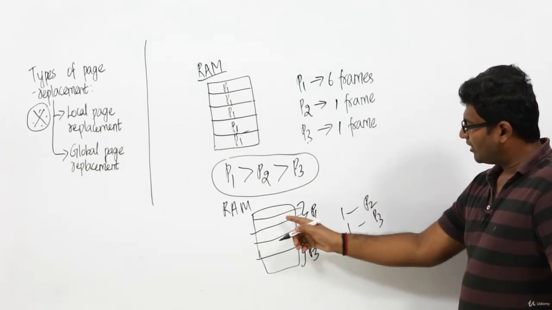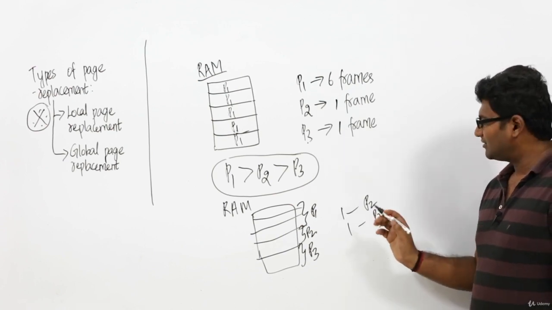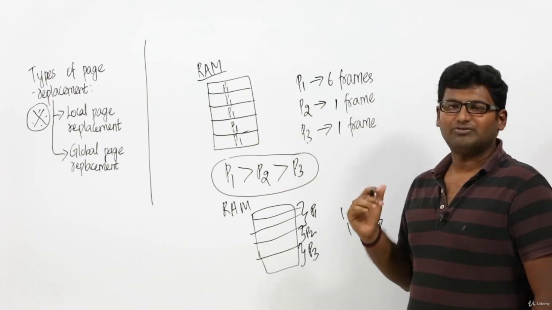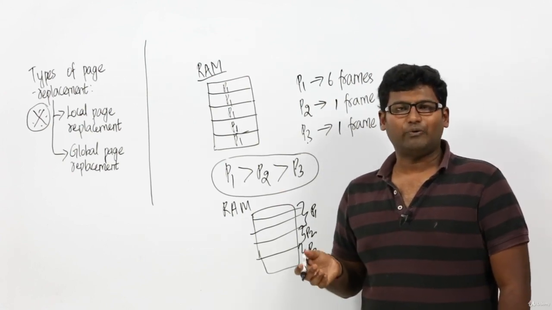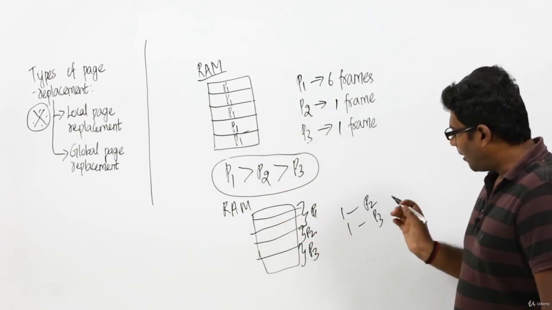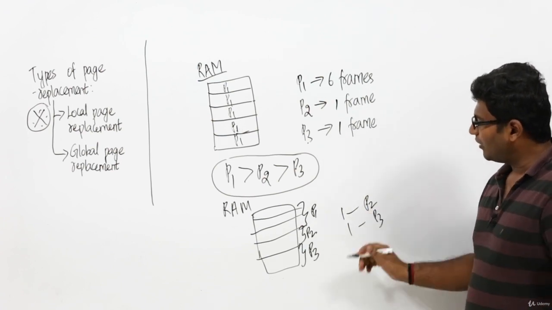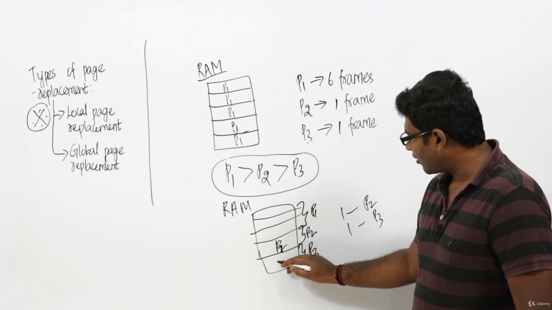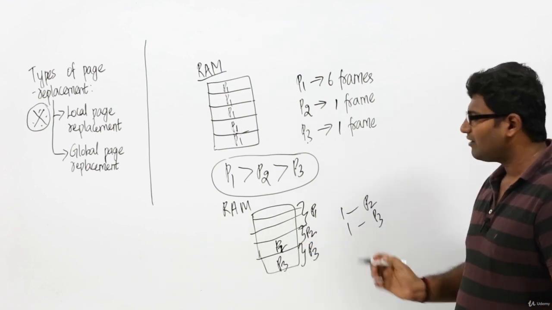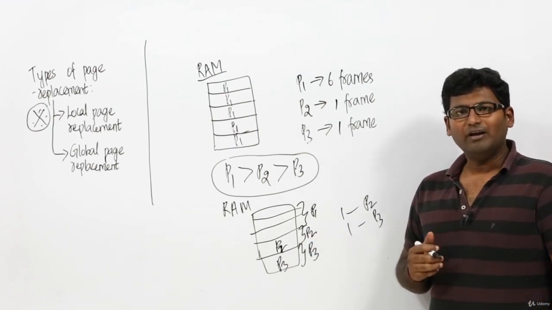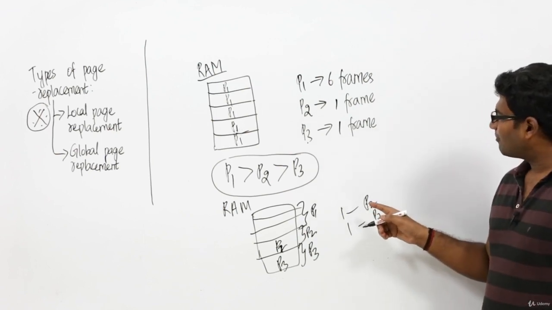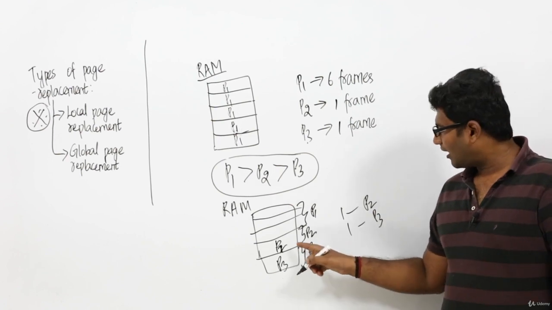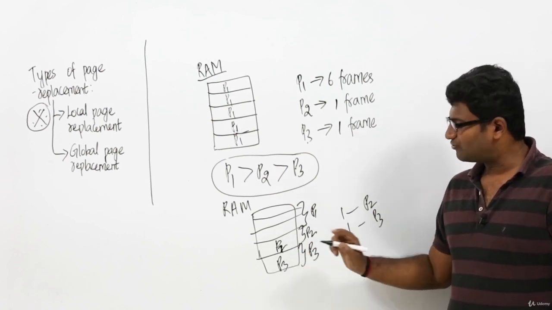Now, process P1 definitely cannot complete its execution because it needs a minimum of 6 frames in order to complete execution without leading to thrashing. That's for sure. But coming to process P2, it will be occupied in this frame, and P3 will be occupied in this frame, and P2 and P3 will complete their execution. Why? Though the priority of process P1 is higher than P2 and P3, P1 cannot take this frame or this frame.